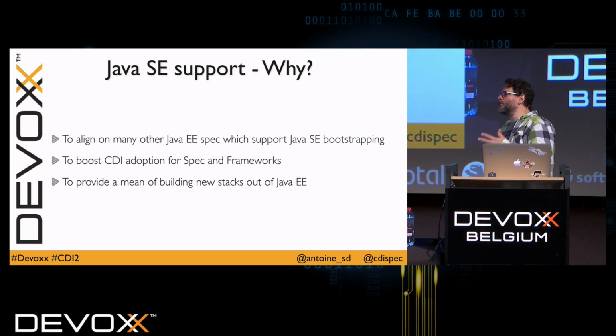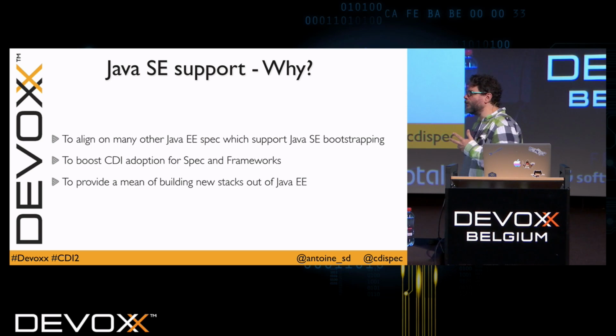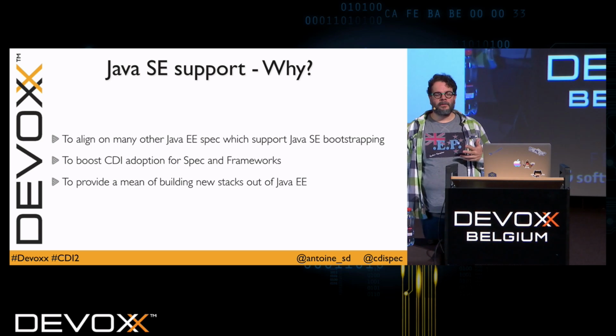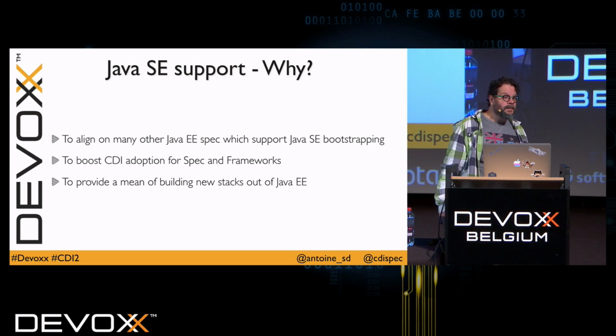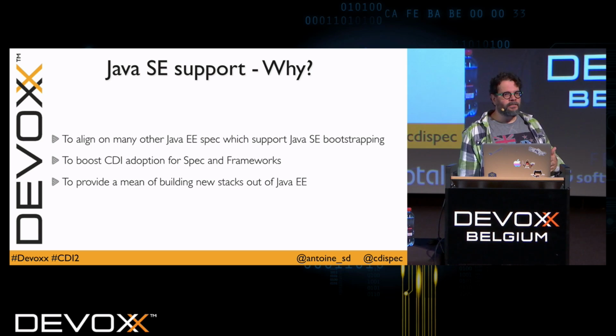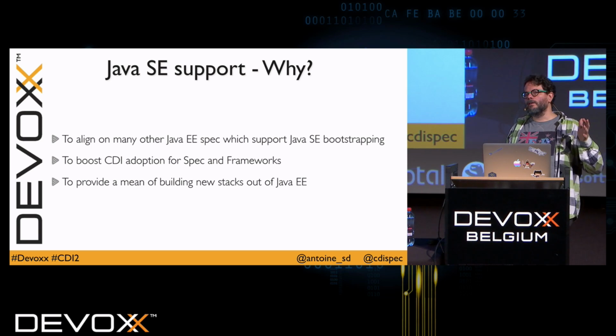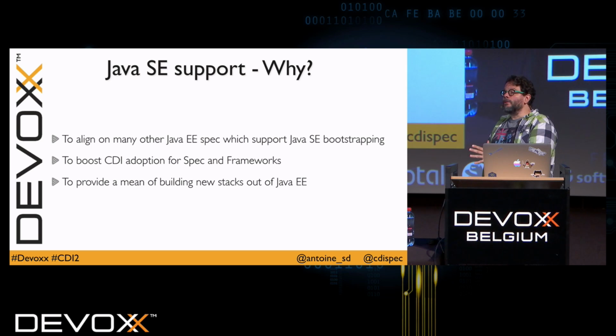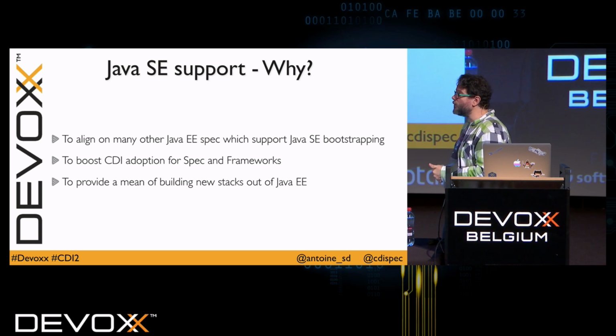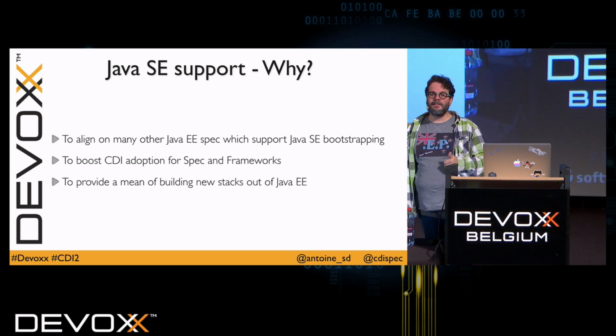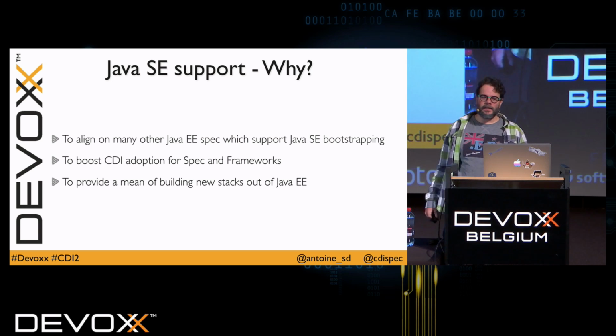But this question of having the Java SE support came in the very early stage of the CDI life, and there were many solutions for that. There were solutions at implementation level. If you take Weld, if you take Open Web Beans, they have their own solution to bootstrap a CDI container in Java SE. And you also have the Delta Spike project that provides an abstract way to do that.